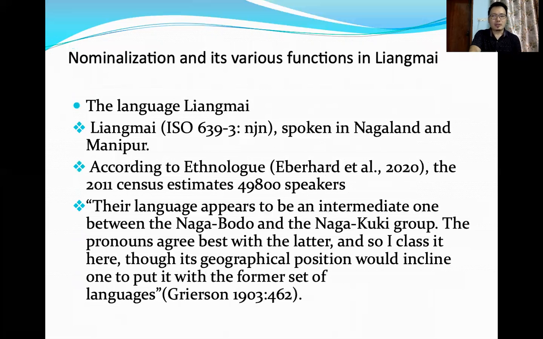Okay, the language Liangmai is a Tibeto-Burman language spoken in the northeastern part of India in the states of Nagaland and Manipur. Its population is estimated to be around 50,000 according to 2011 Census of India. And Grayson said this about the language.